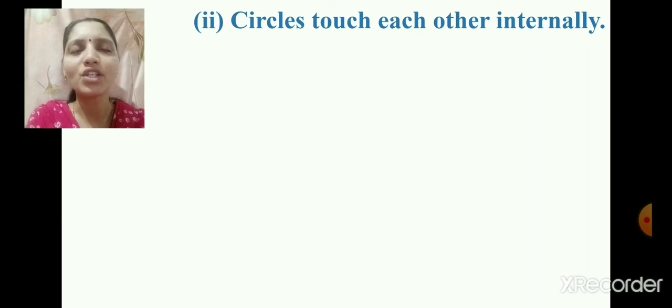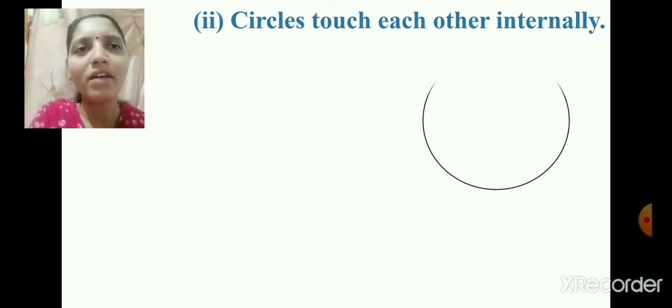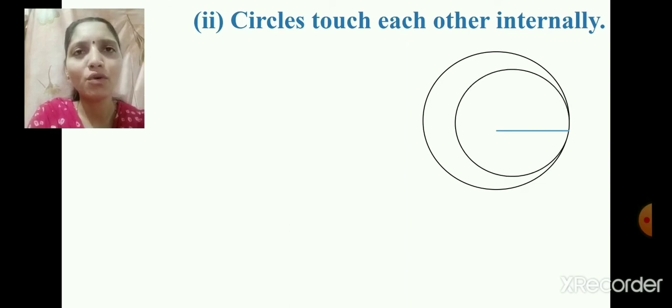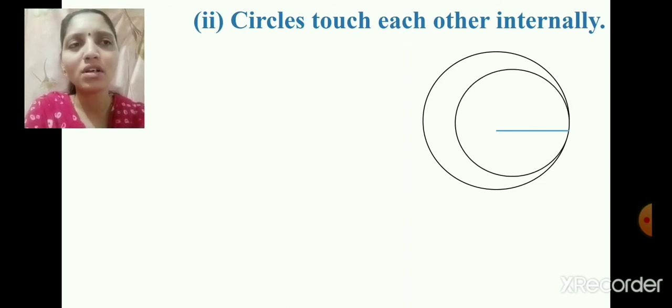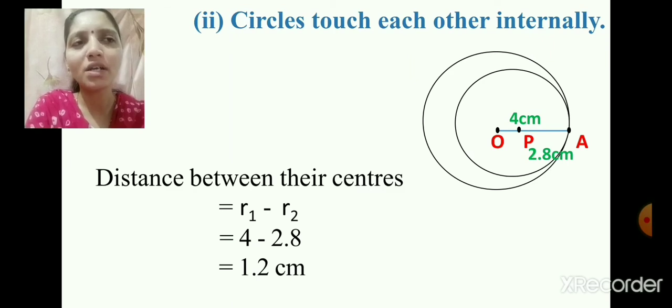That is, circles touching each other internally. When the circles are touching internally, we find the difference between their radii. First draw the circle of radius 4 centimeters, then draw the circle of radius 2.8 centimeters, then write their point of contact as A. Mention which is the 4 centimeter radius and which is the 2.8 centimeter radius, and find the distance between their centers.